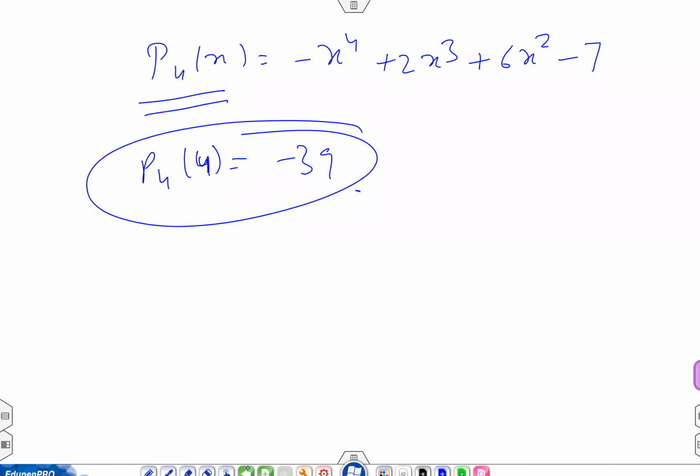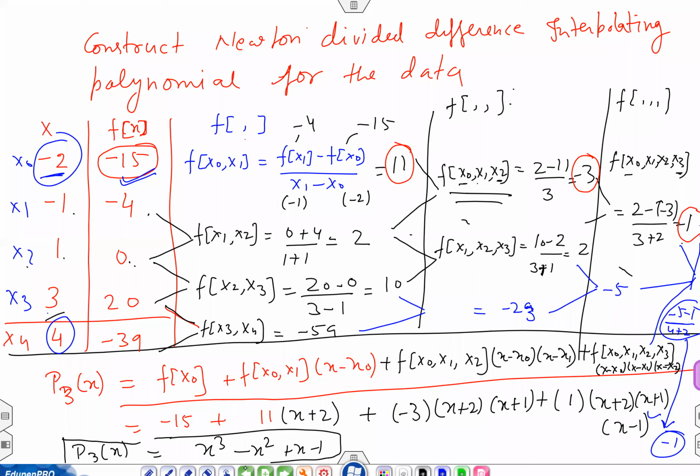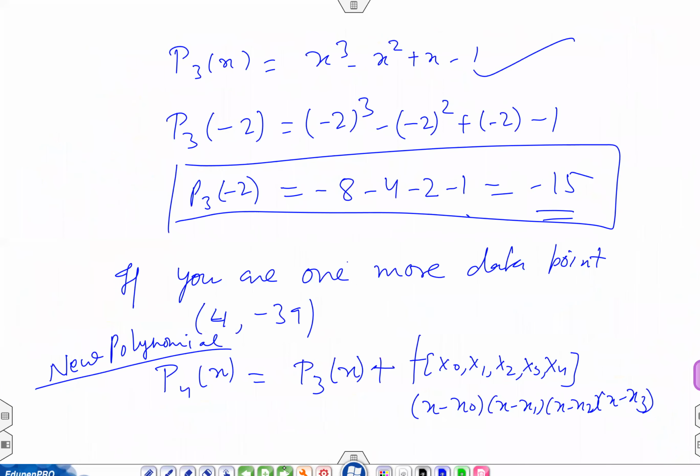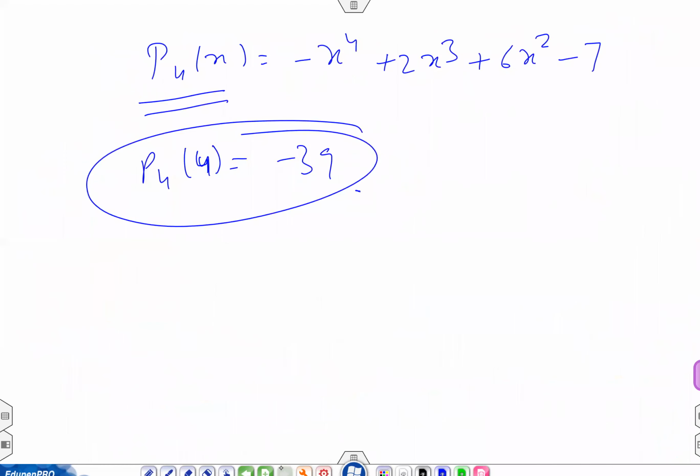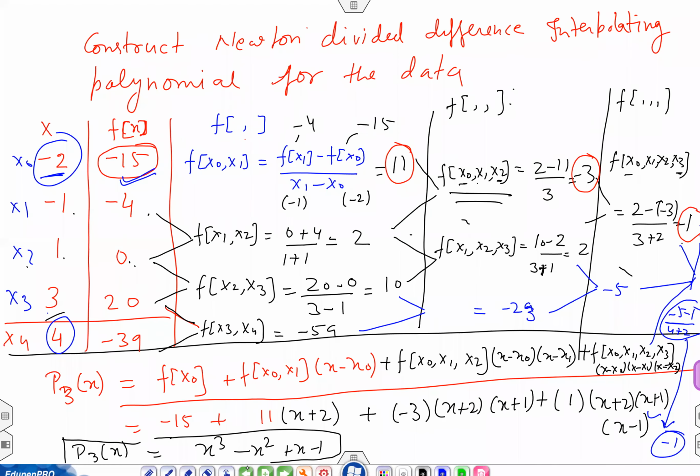Whenever we add one more data point with the help of the Newton divided difference method, we do not have to compute everything again. We only add one more term, one more extra calculation, and whatever existed before is also used to construct the new polynomial.